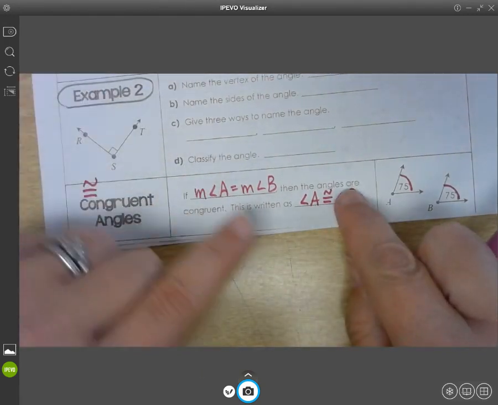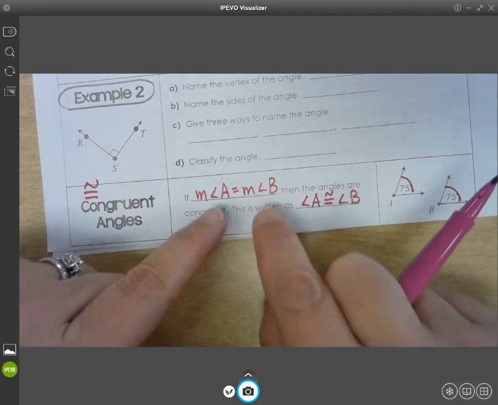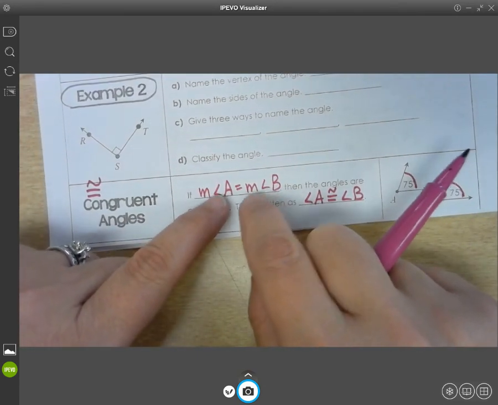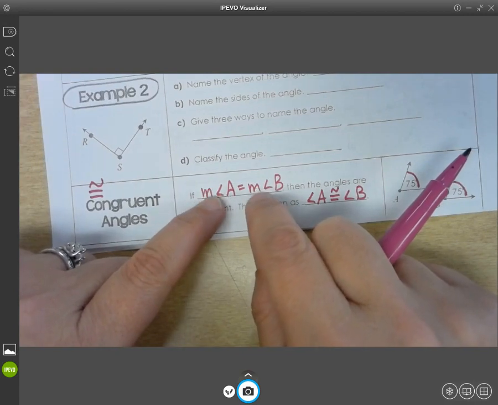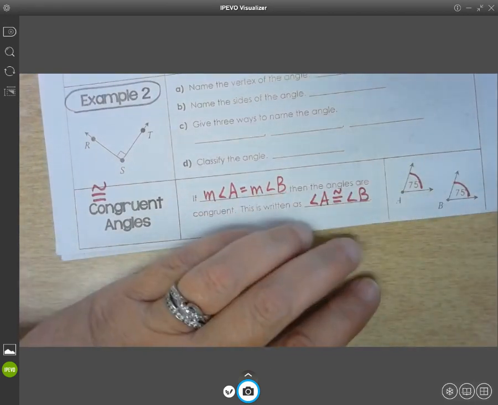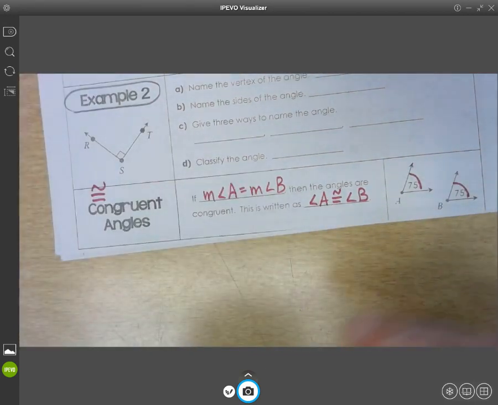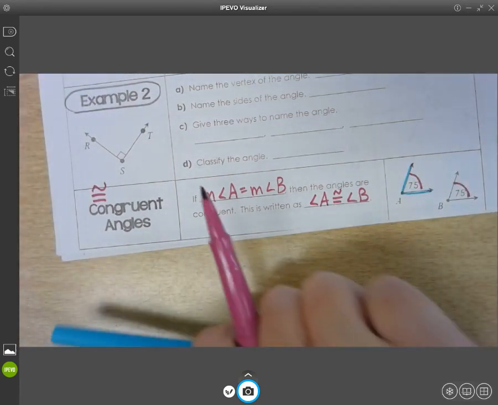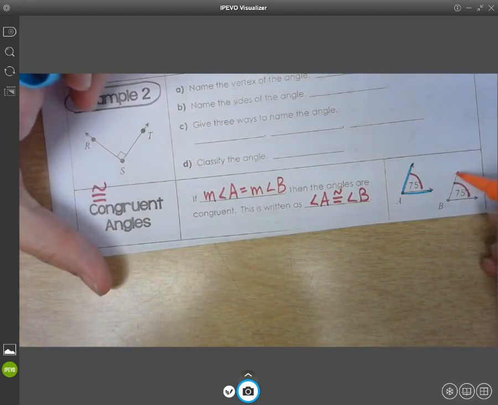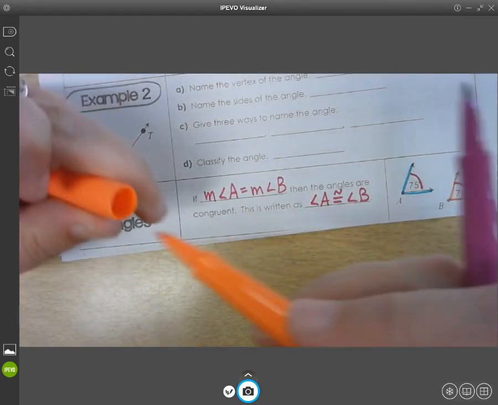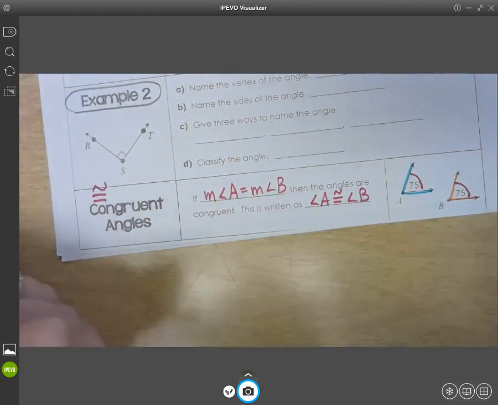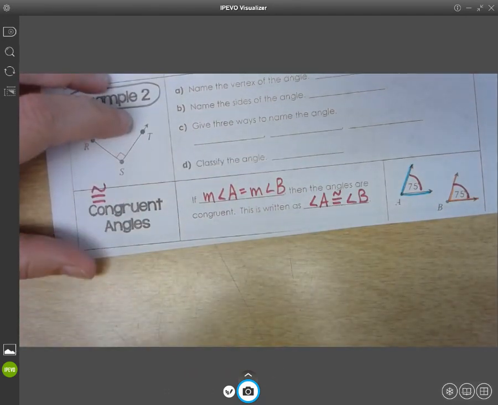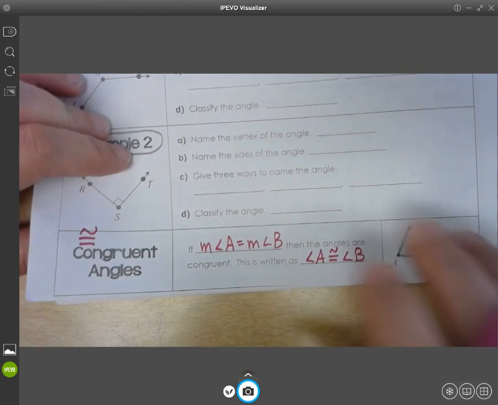And again, when we're talking about values for the numbers, like the angles are 75 degrees, that's a number. We talk about the measure of them, and we say measures are equal. When we're talking about the picture itself, like this angle is the same as this angle, those shapes are said to be congruent with the equal and the little thingy over the top. Essentially they both mean the same.